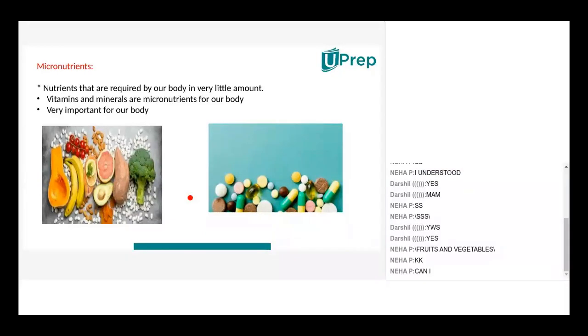Ma'am, natural fruits, because nature has produced the vitamins and minerals in them, so it is good for our health, and artificial ones are not good for our health.